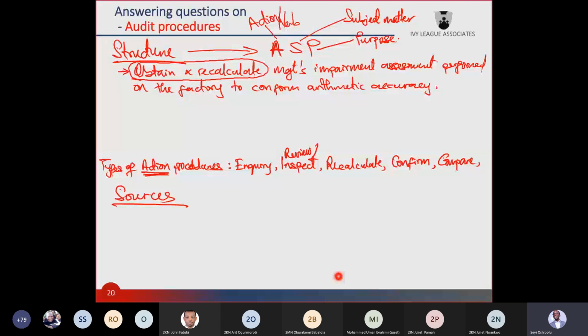So, for example, when you are doing analytical procedures, you can also agree. Some of these words are used interchangeably now, but I'm just giving everything, okay? You can observe. You can also do what? Reperform.